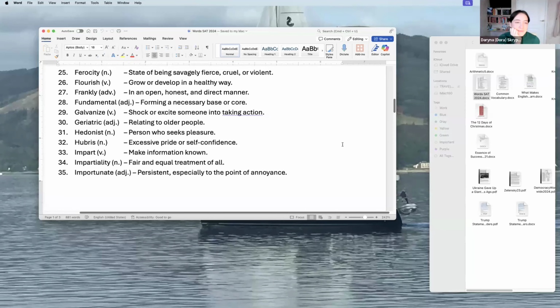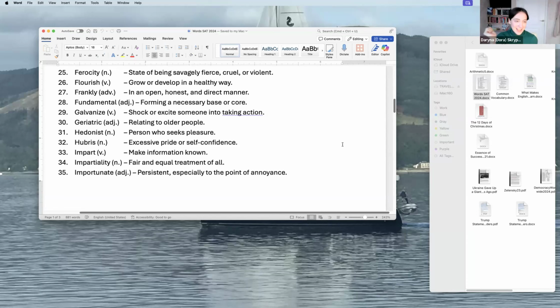Yes. Ferocity. Ferocity, uh-huh. Flourish. Flourish. Frankly. Fundamental. Galvanize. Geriatric. Yeah, the tough one. Geriatric. Geriatric.